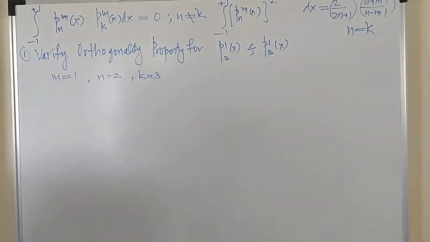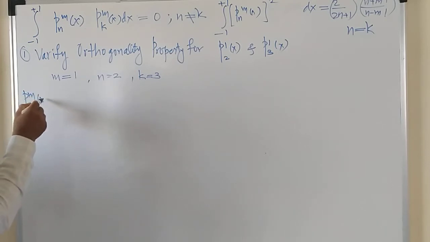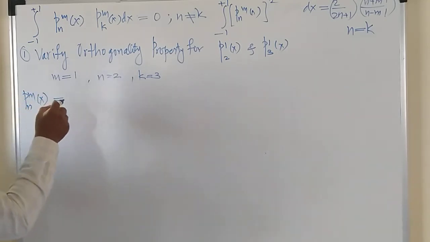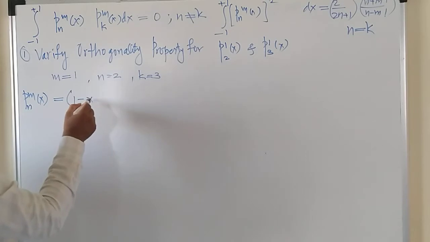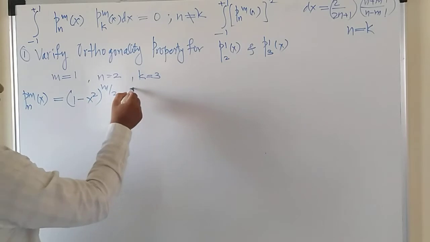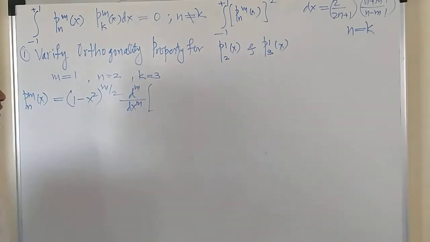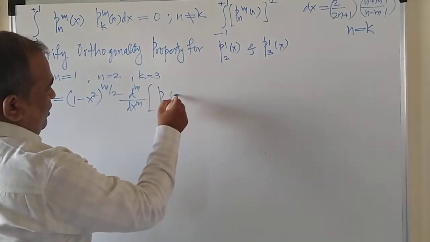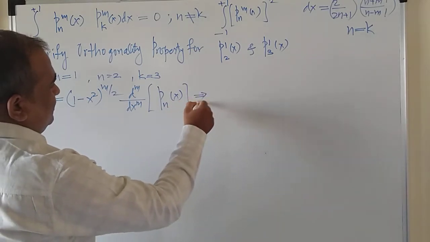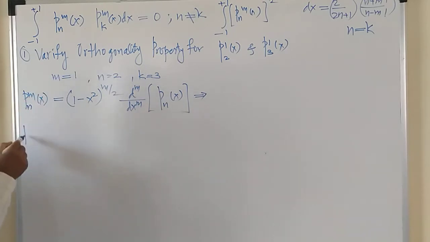And if this is known, then you can obtain the associated Legendre polynomial Pn m of x using this formula: Pn m of x is equal to (1 minus x squared) raised to power m by 2 into the mth derivative of Pn of x.